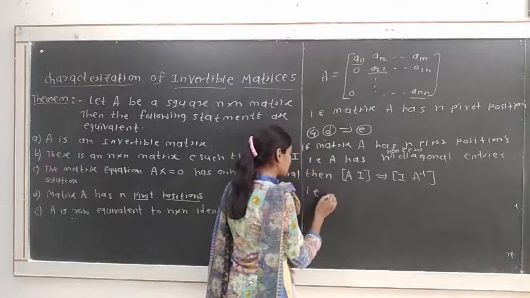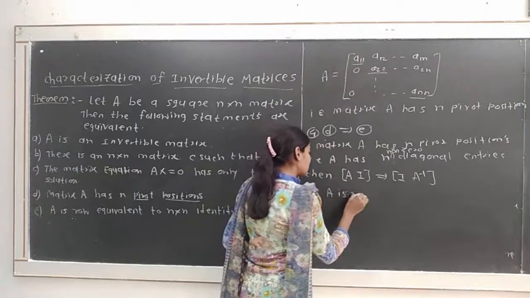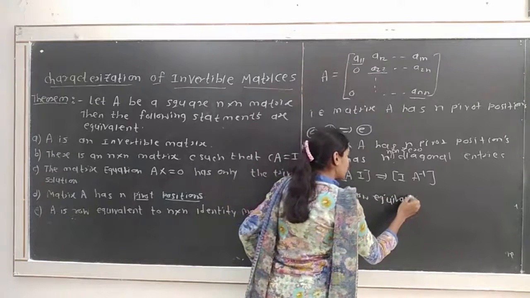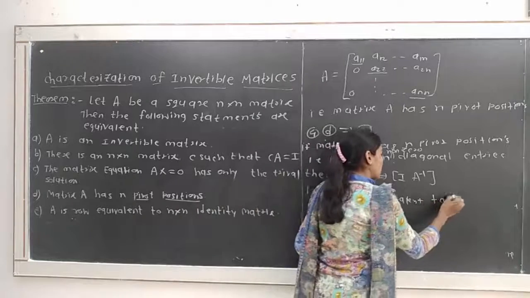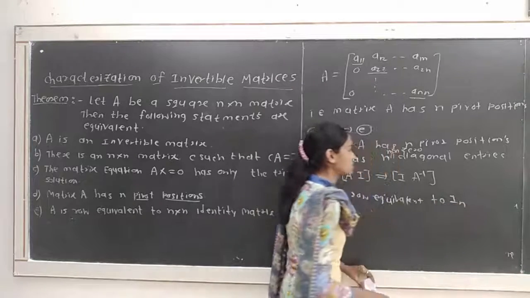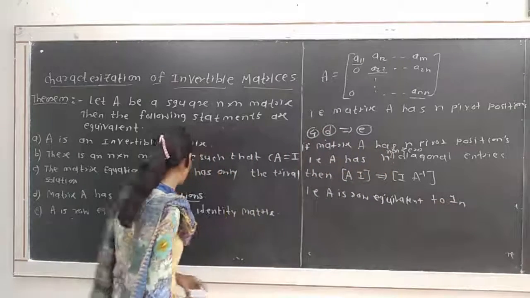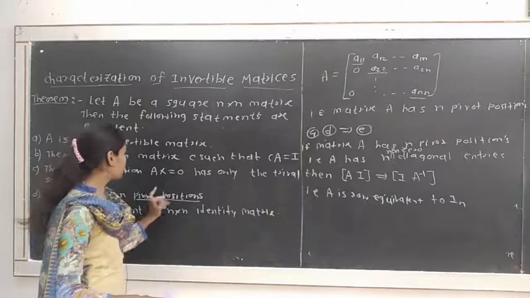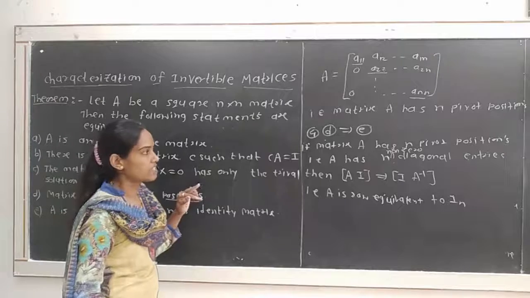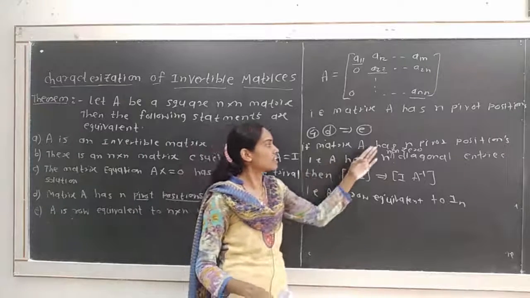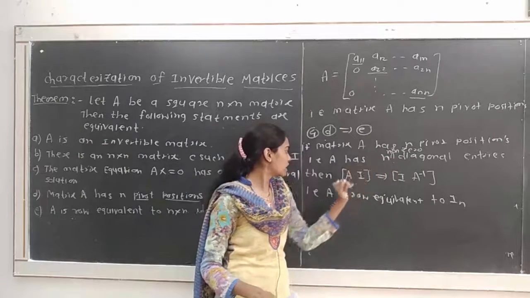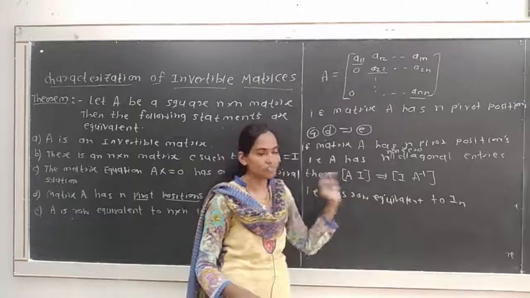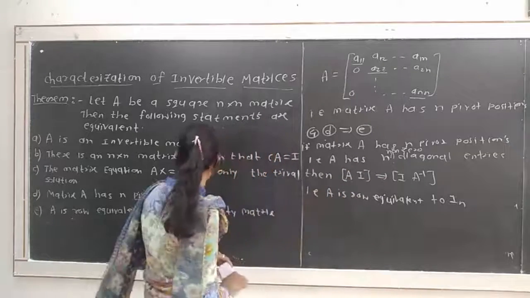That is, A is row equivalent to I_n, the n cross n identity matrix. So in this way, if A has n pivot positions, that is n non-zero diagonal entries, then we can easily convert [A I] to [I A inverse], that is A is row equivalent to the identity matrix.